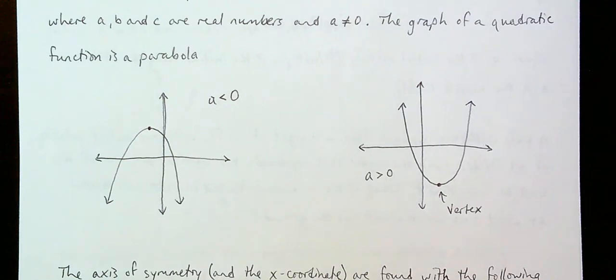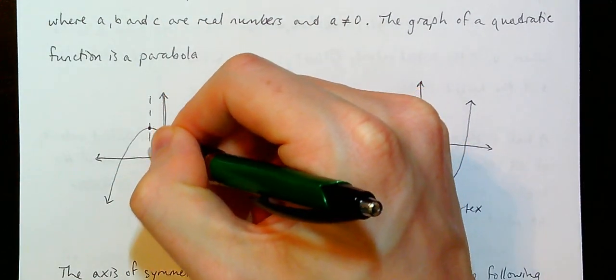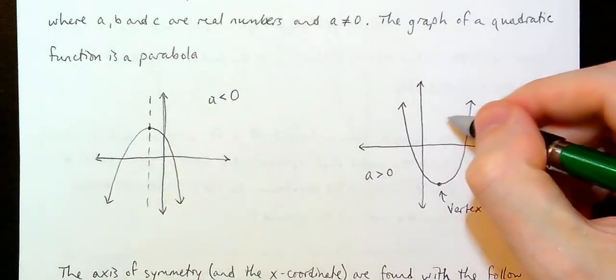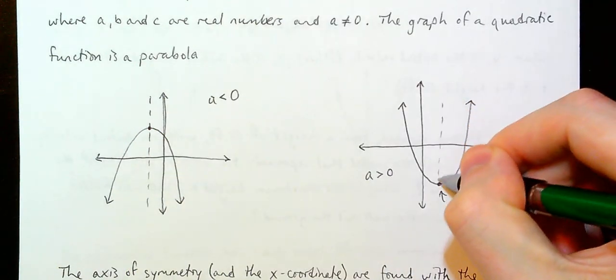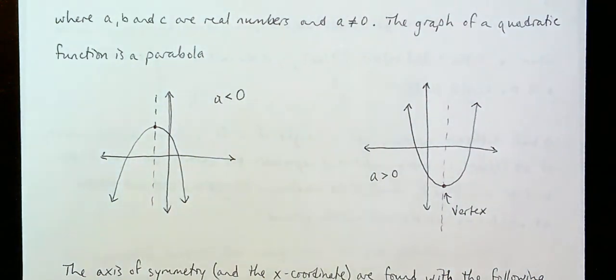The other feature that every parabola has is this imaginary vertical line where if you take the left half of your parabola and fold it over that dashed line, it will land perfectly on top of the right half.